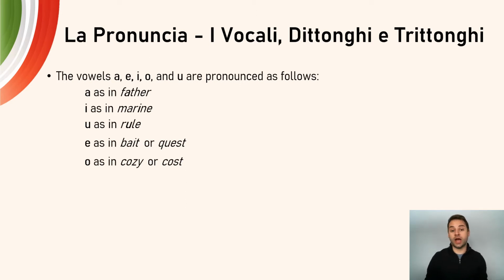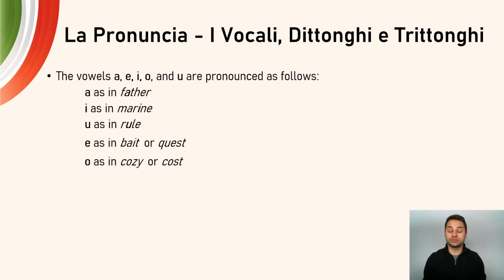That could be one of the options that we see in Italian with the letter E. But what about when we say the word quest? It might also sound that way. Knowing if it's going to sound like bait or like quest, the more practice that we get with words, it'll eventually make a lot more sense.